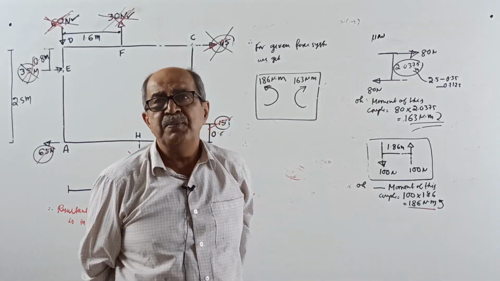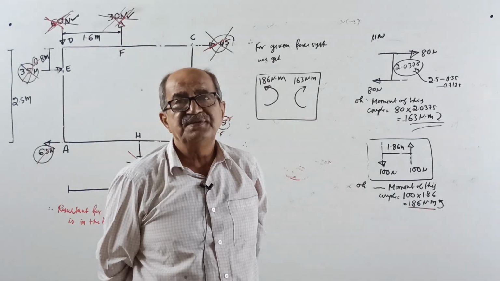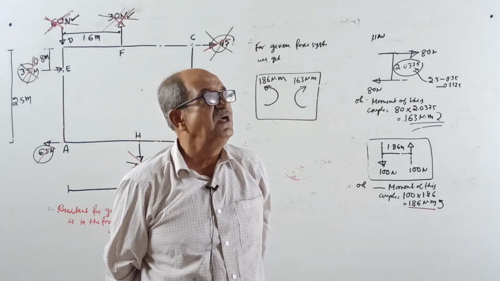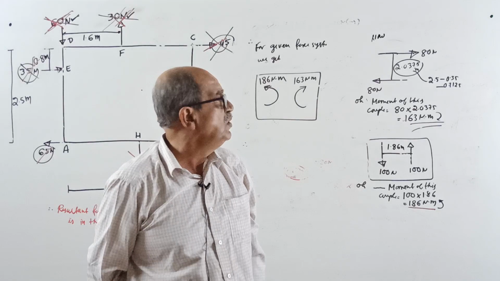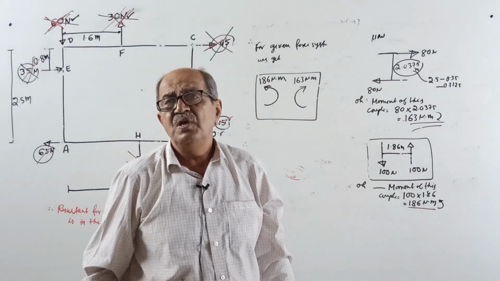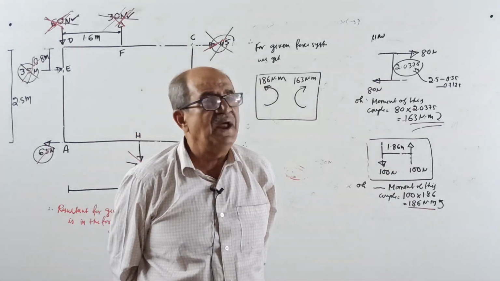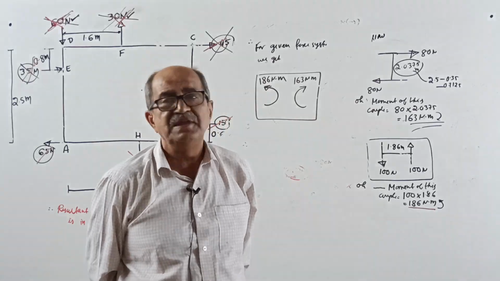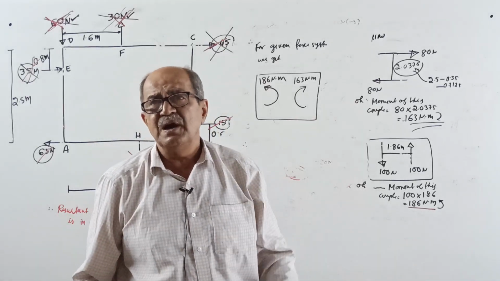Earlier, when I told the characteristic of a couple, if a number of couples are acting in a plane, the resultant couple is a single couple whose magnitude is equal to the algebraic sum of the moments of all the couples.